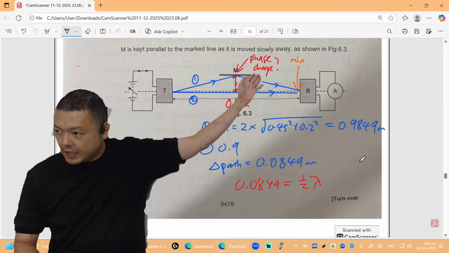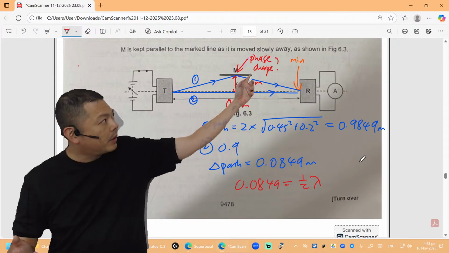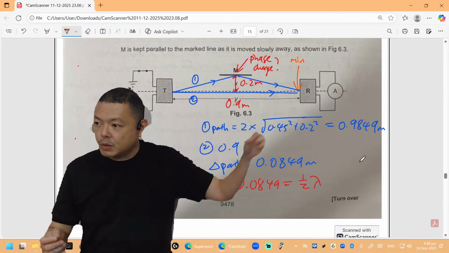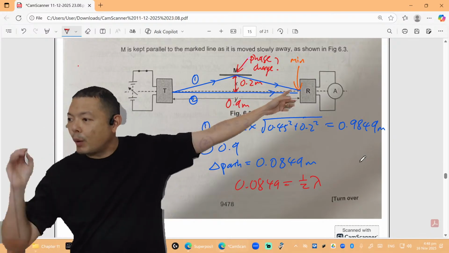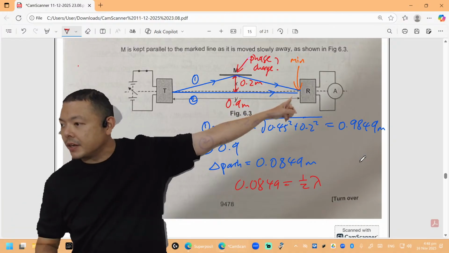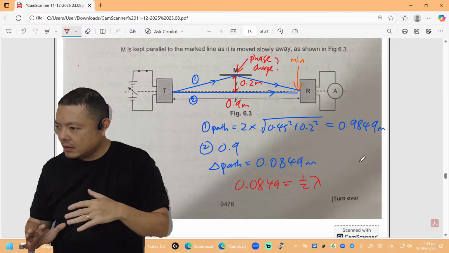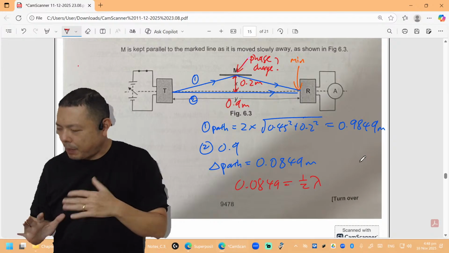So if there's a phase change, okay, then the total path difference will represent 1 wavelength. Because the objective is I want a minimum here. A minimum is when I'm pi radians out of phase. So there's no plus 1.